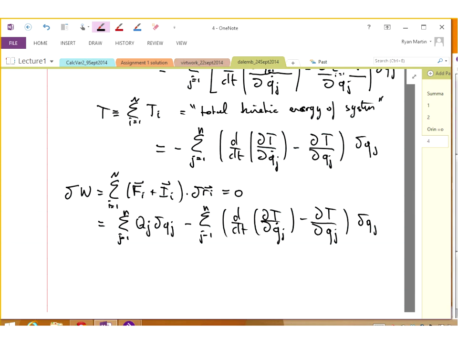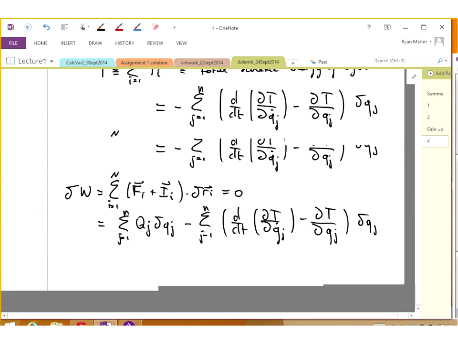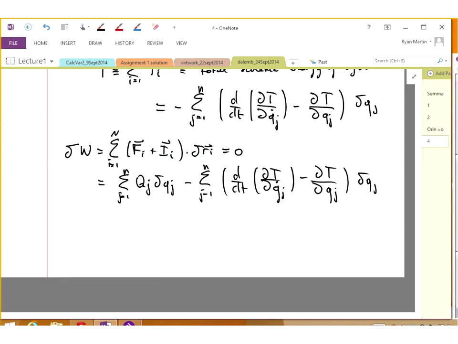Now, the delta qj's can be varied independently because they're generalized coordinates. And so for this sum to be 0, the term that's not the delta qj must identically be 0.